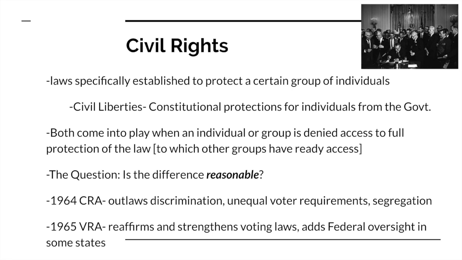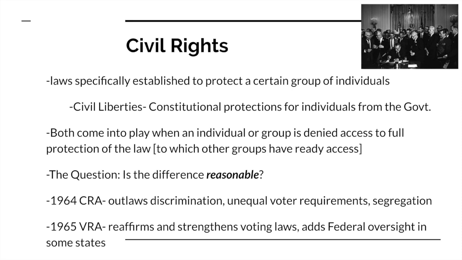So, what are civil rights? Civil rights are specifically aimed at protecting a certain group of individuals. What that group is, usually in the context of the cases we're going to look at today, is based on race or on gender. Whereas civil liberties, which we talked about earlier, are protections from the government.